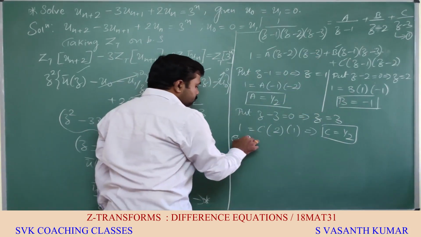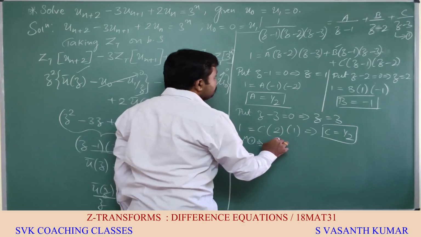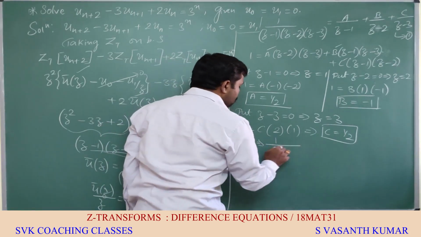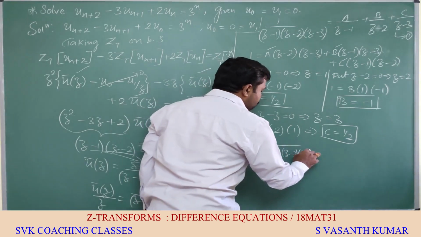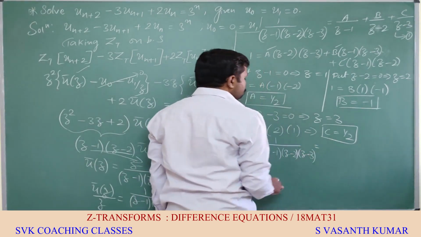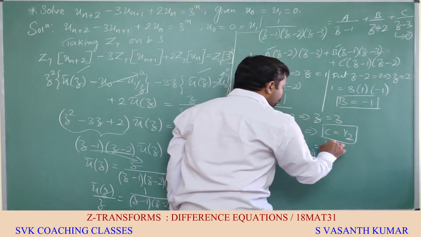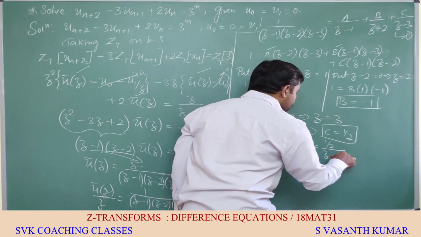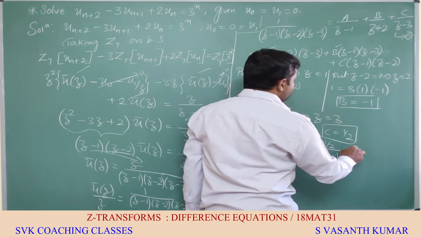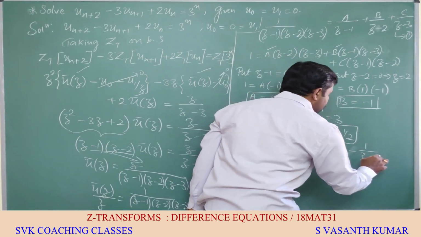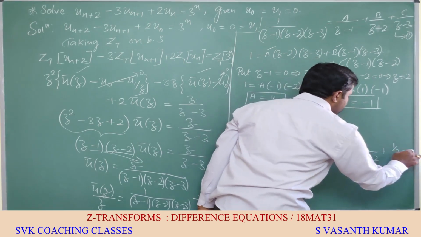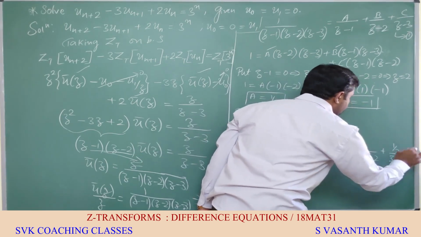We get 1 by (z minus 1)(z minus 2)(z minus 3) is equal to 1 by 2 times 1 by z minus 1, B value is minus 1, so minus 1 by z minus 2, plus 1 by 2 times 1 by z minus 3.